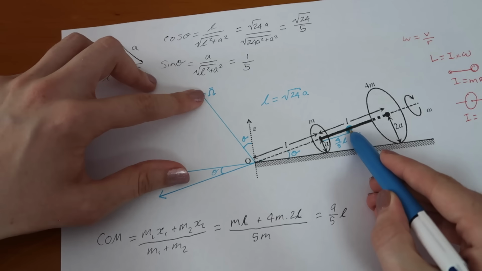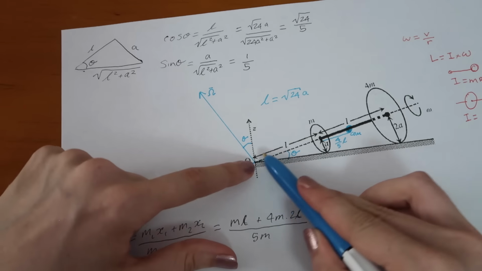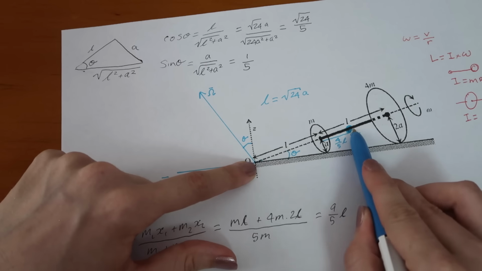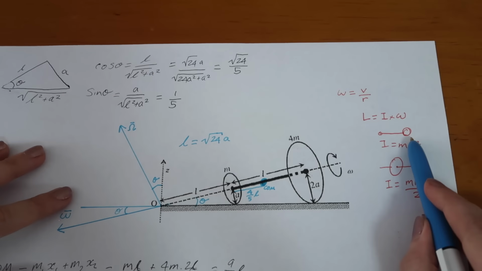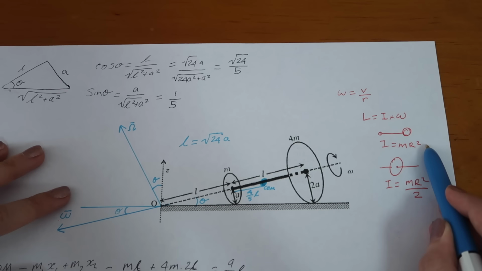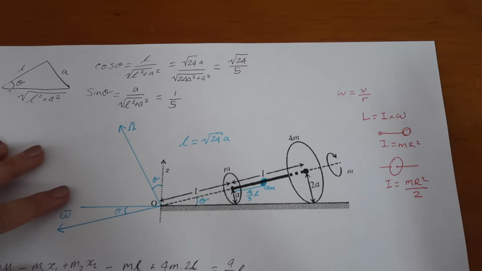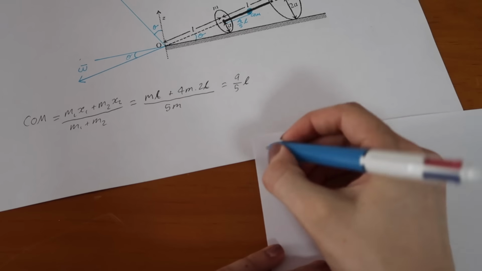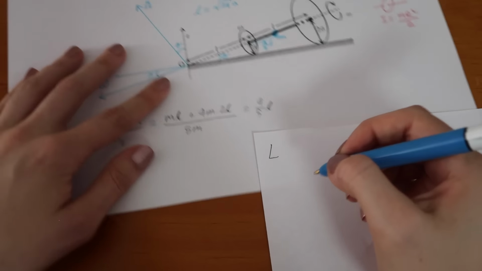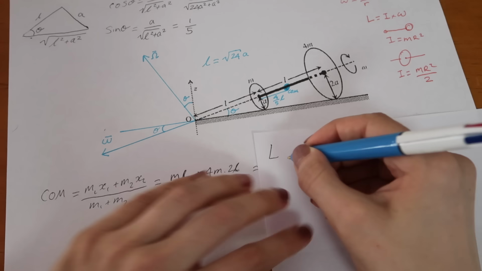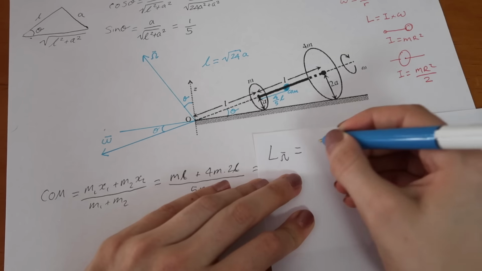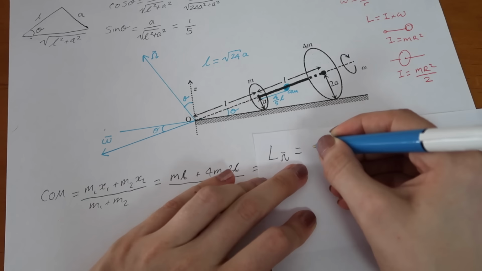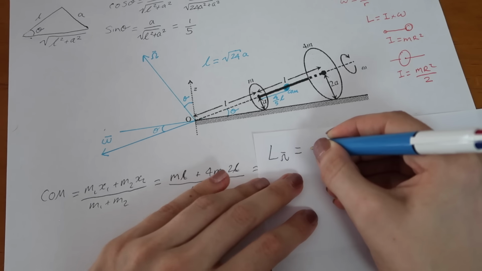Because we have a center of mass on a massless rod rotating around that point, we can treat it as a point mass, and this here, mr squared, is the formula for the moment of inertia that we're going to use. Our angular momentum around the capital omega axis, denote that like that, is going to be equal to our moment of inertia, which is our mass.